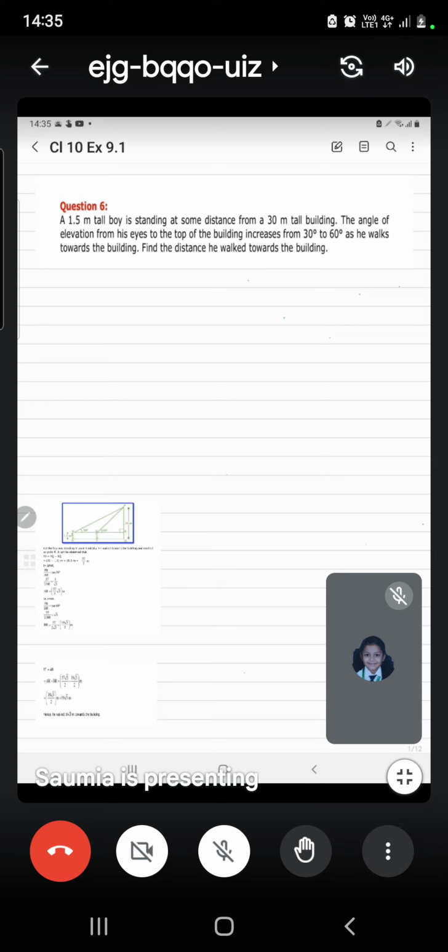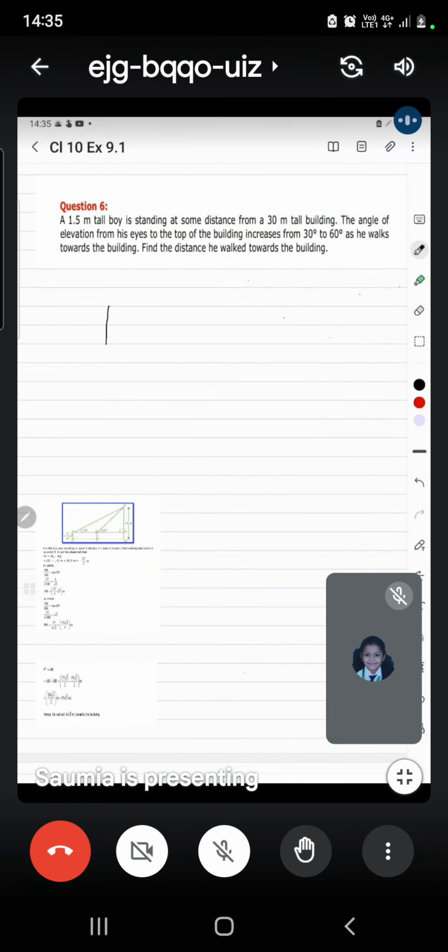Okay. So we'll start. We did the first five questions in the previous class. We'll start with the sixth question. The sixth question says there's a 1.5-meter tall boy standing at some distance from a 30-meter tall building. So let's try to represent it using a figure.